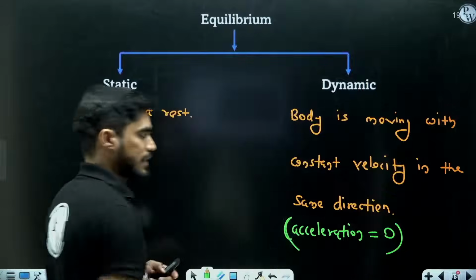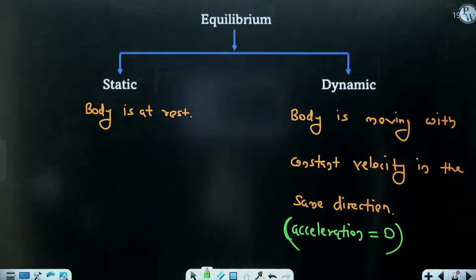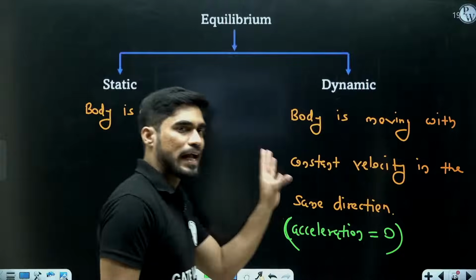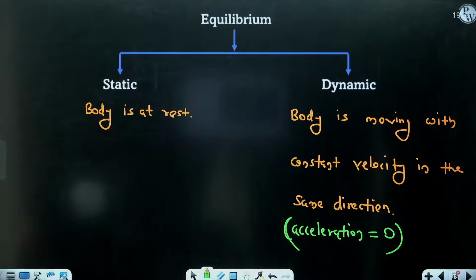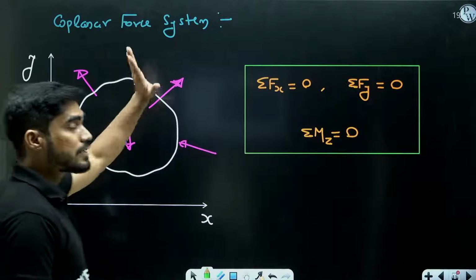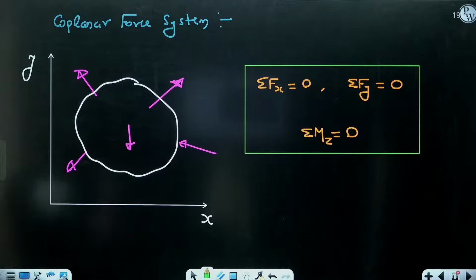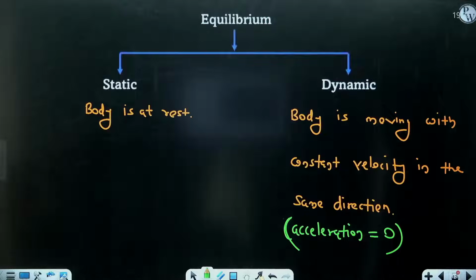So understand about dynamic equilibrium. Even if the body is moving, but it is moving with constant velocity in the same direction, it means it is in dynamic equilibrium. The acceleration of the body is 0. So you can have static equilibrium, you can also have dynamic equilibrium. In both cases, these equations are applicable. Equilibrium means equilibrium. Net force and moment must be 0, whether it is static or dynamic.